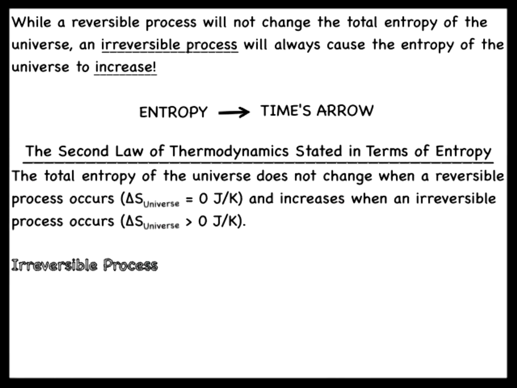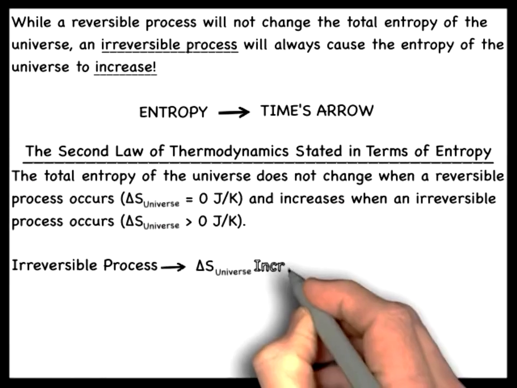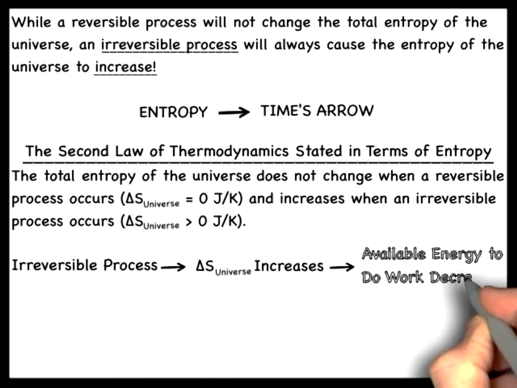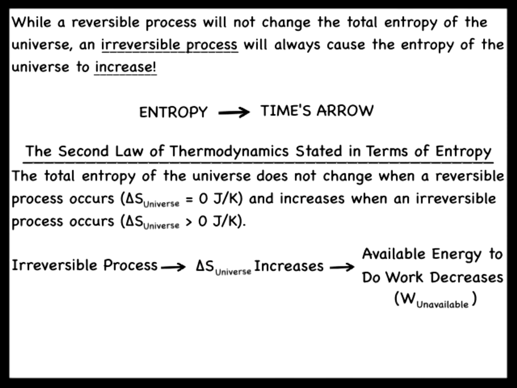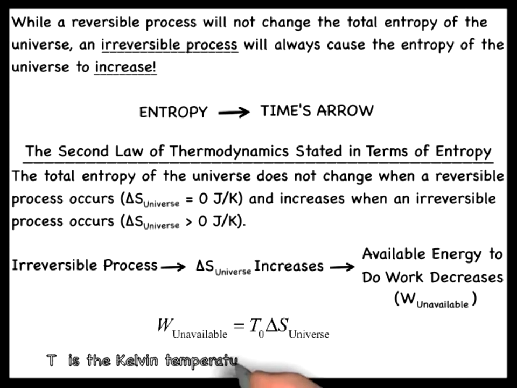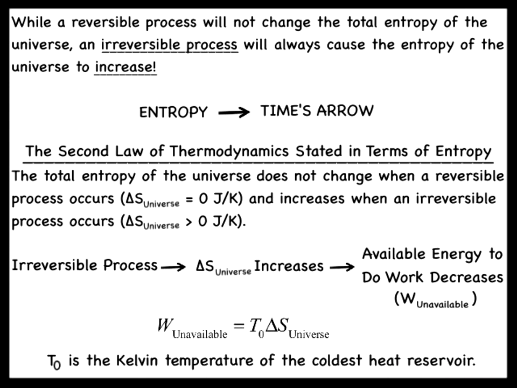It should be noted that whenever an irreversible process increases the entropy of the universe, the energy available to do work decreases. This leads to the following general result. The energy that becomes unavailable for doing work is equal to the temperature T sub 0 times the change in entropy of the universe, where T sub 0 is the Kelvin temperature of the coldest heat reservoir.